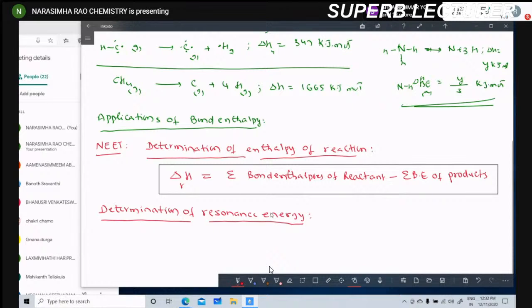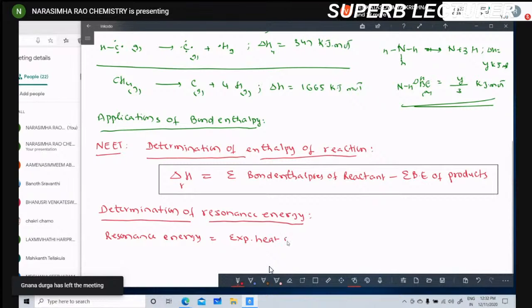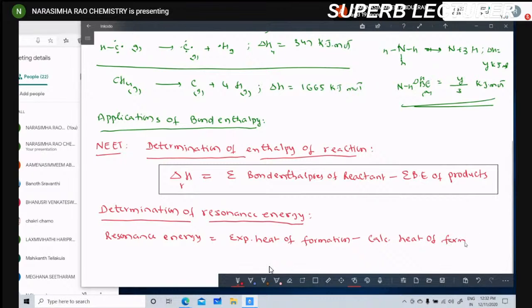Resonance energy is equal to experimental heat of formation minus calculated heat of formation.